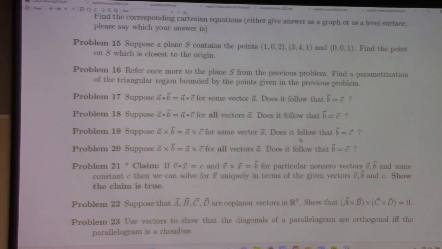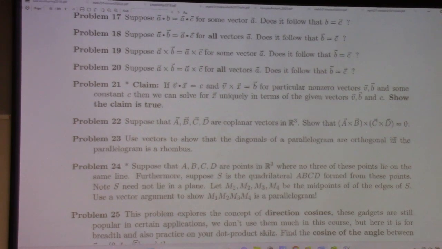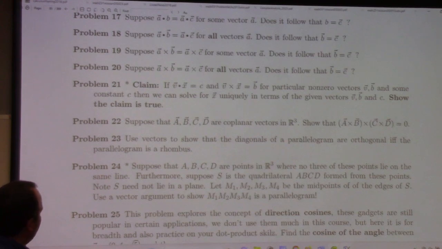But anyway, you can look at those, and I have full solutions posted on the website. Problem 23 weirded me out when I first saw it. Use vectors to show that the diagonals of a parallelogram are orthogonal if and only if the parallelogram is a rhombus.